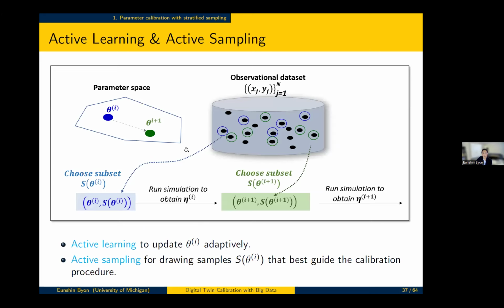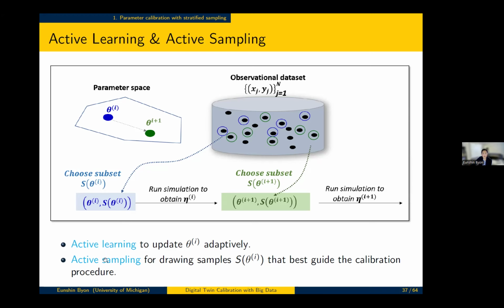So overall, going back to the overarching scheme, we have the parameter space and we have observational data. We update theta i based on gradient descent or stochastic gradient descent adaptively. So our procedure takes an active learning approach. We don't fix the design points a priori, but we update theta i on the fly during the calibration procedure.